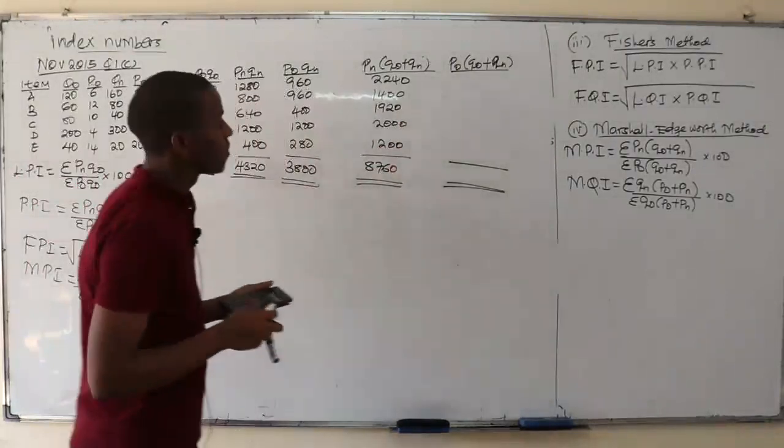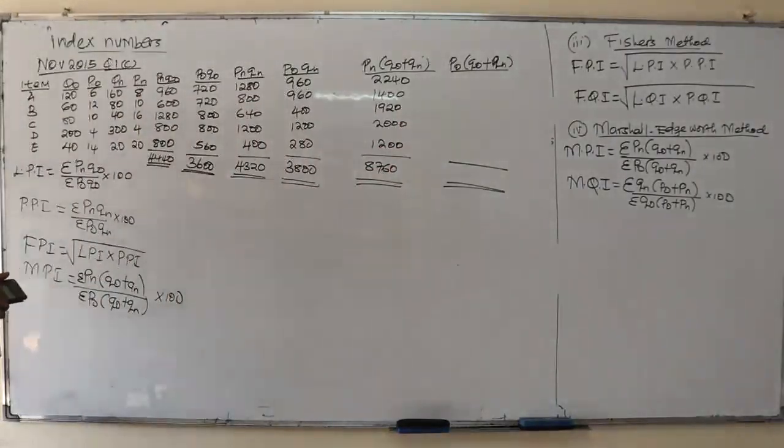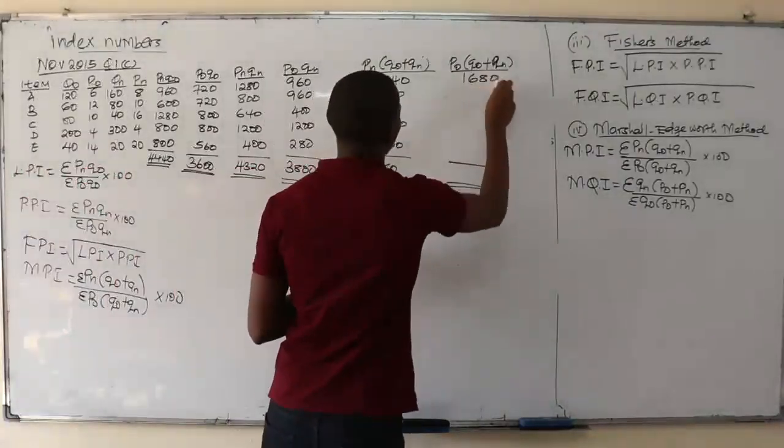8760. Then we also have the last one, P0(Q0 plus Qn). So it is 280. First one is 280, you multiply by P0, which is 6. That is 1680.